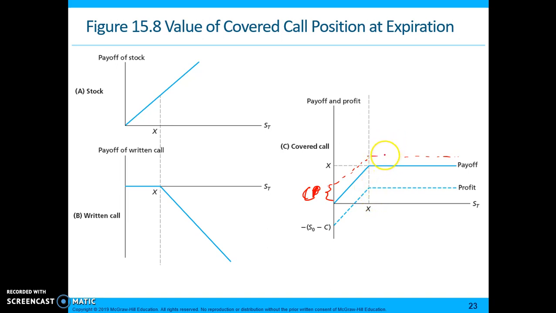You could write a call with a strike at or above $100, and then you would receive the profits from owning the stock along with the call premium.